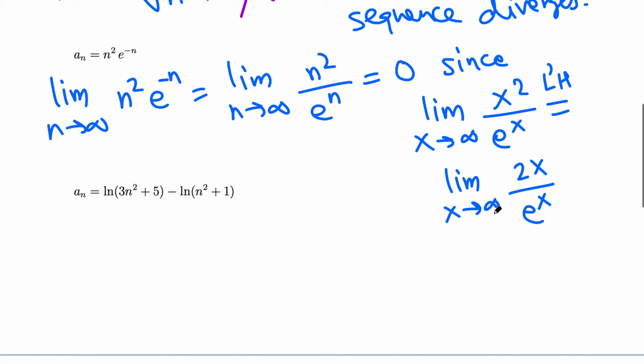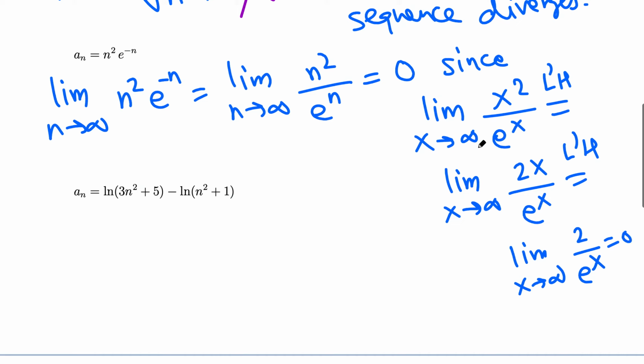Again plugging in infinity, we get infinity over infinity. So L'Hopital's rule one more time gives the derivative of x squared, which is 2x, over the derivative of e to the x, which is e to the x. Now the top is a number and the bottom is still infinity. e raised to very big is very big, and 2 over very big is 0.